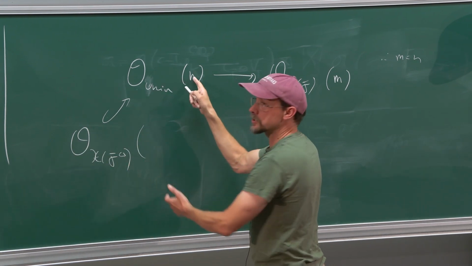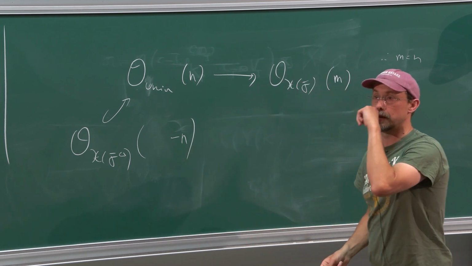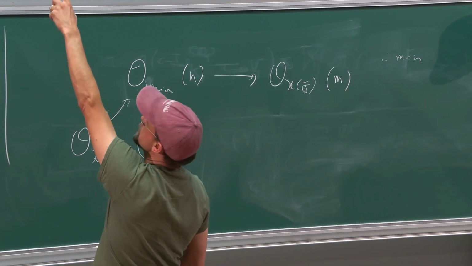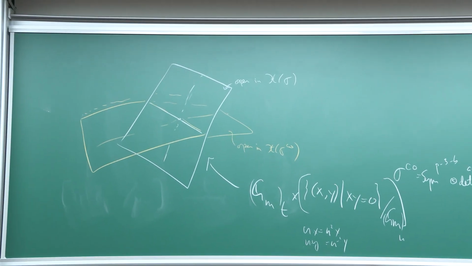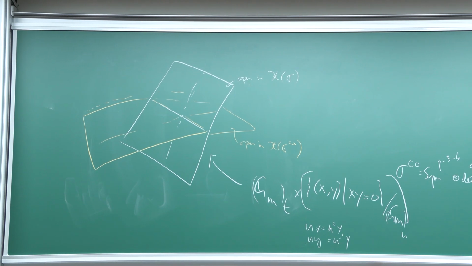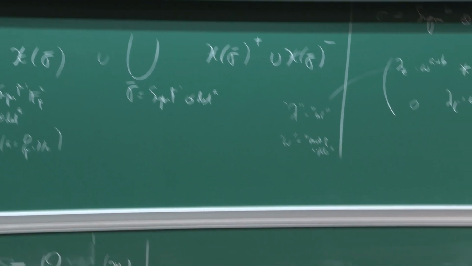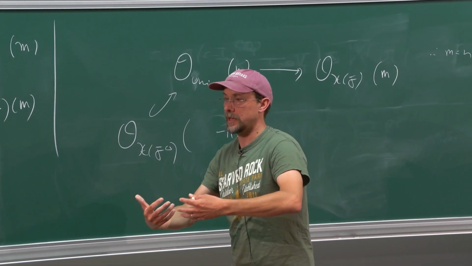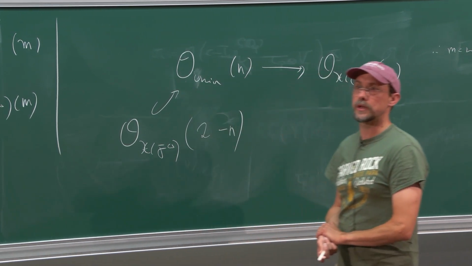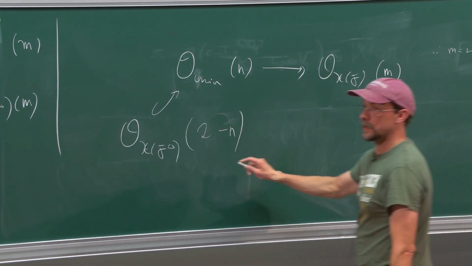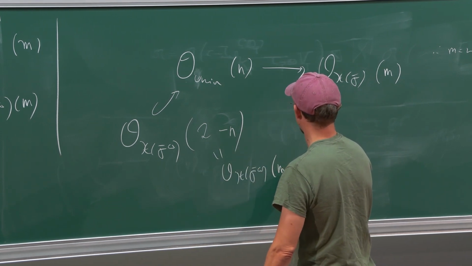So on the orange locus, this twist by N looks like a twist by minus N. But on the orange locus also, when you take the structure sheaf on that guy and restrict to the locus where y equals 0, which is what this is, the kernel is generated by y. And y is in weight minus 2. So that gives you a 2 here. But that has to equal O of X sigma bar twisted by M.